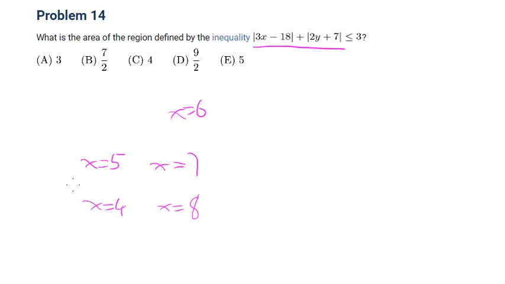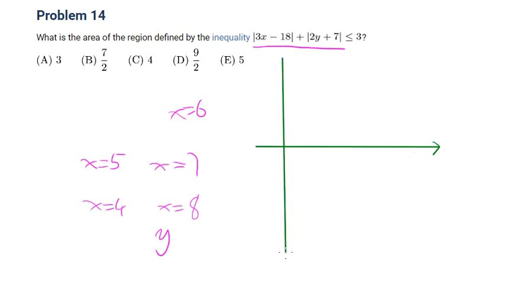Similarly, if the point where x equals 4 is in the region, then the same point where the y doesn't change but x is equal to 8 will also be in the region. So we just established that this region has reflectional symmetry over the line x equals 6. Now that's going to be extremely useful for this.